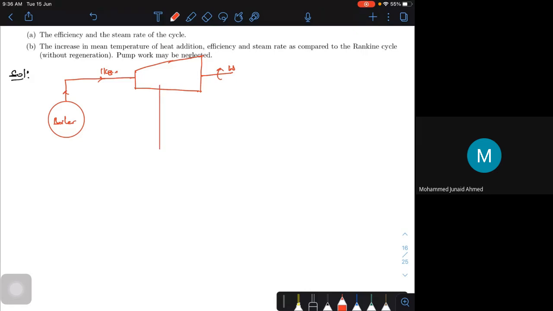So this is at 30 bar and 400 degrees Celsius. Then I am bleeding at some m kg, at 5 bar. The m kg of steam is bled and sent to the heat exchanger.